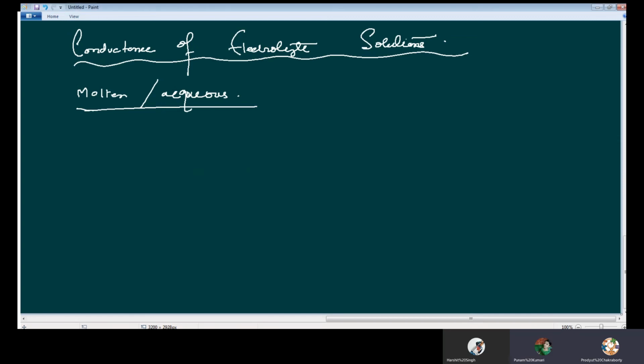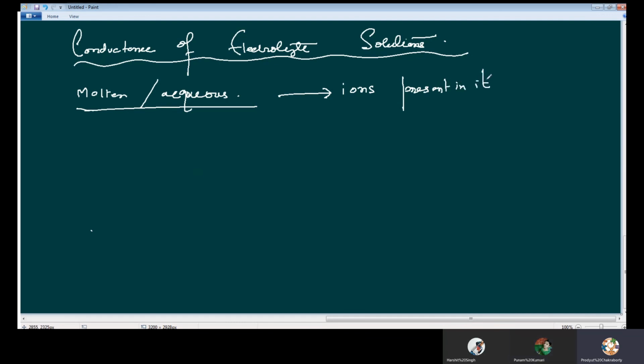The zinc ions dissolve in zinc sulfate, and in copper sulfate the copper ions are also mobile. So these mobile ions help in the conductance. Conductance of an electrolytic solution in the molten and aqueous state is due to the ions present in it.